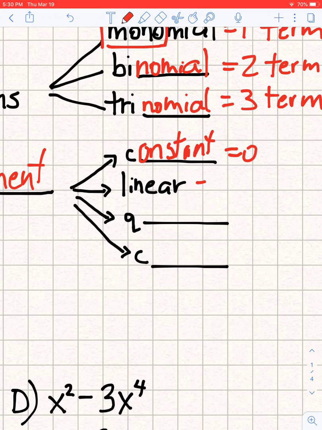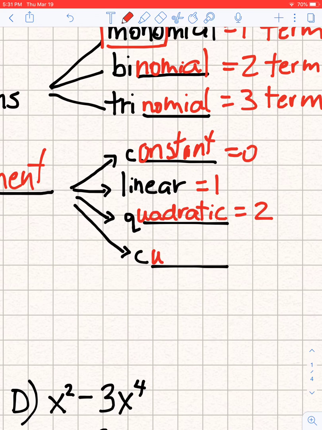If the exponent is 1, nearly every problem that we worked on in the first trimester was of this fashion. They were linear, and that's because they create lines, and the exponent is 2. This second trimester, you're going to be working a lot with quadratics, and those all have degree of 2.